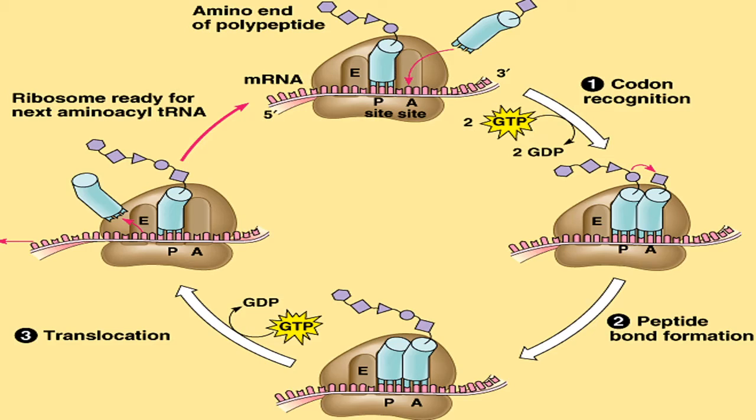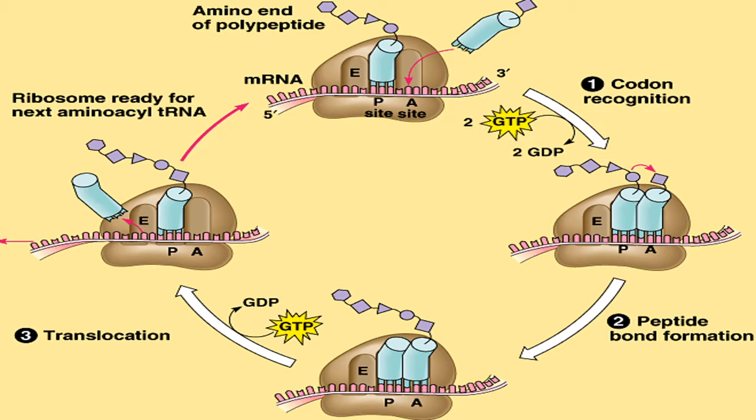The whole peptide is transferred from the tRNA in the P site to the tRNA in the A site. So from P site to A site.